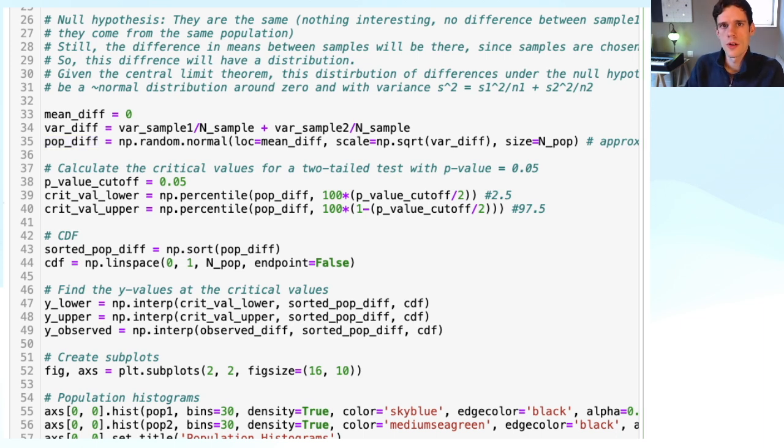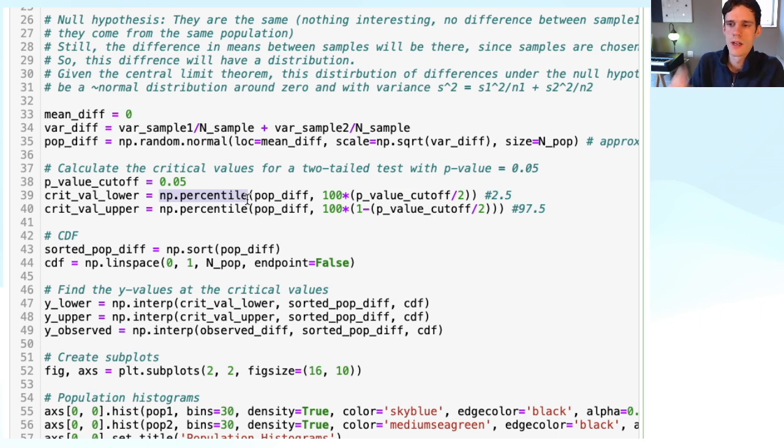And this of course calls for the usage of percentiles. Because remember, the 5th percentile, for instance, gives you the specific value of your distribution for which 5% of values are lower than that. But in this case, we don't need the 5th percentile, we need the 2.5% lowest values of our distribution and the 2.5% largest values.